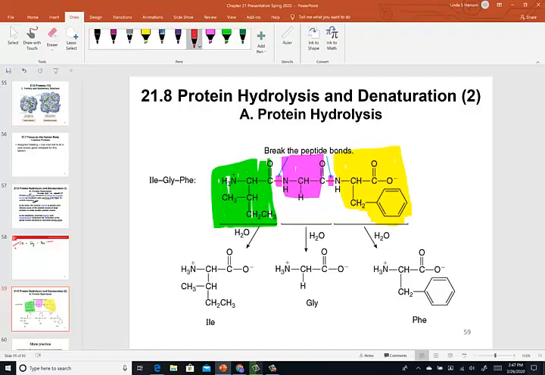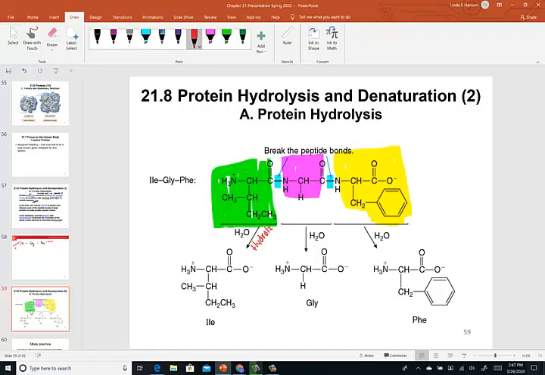When we hydrolyze, we break the peptide bonds. Let me just color code those a little differently so they stand out. Let's color code those, let's say, with a nice blue color. So here's the peptide bonds, just in a different color now. We're going to add water across those bonds. So this is to hydrolyze.